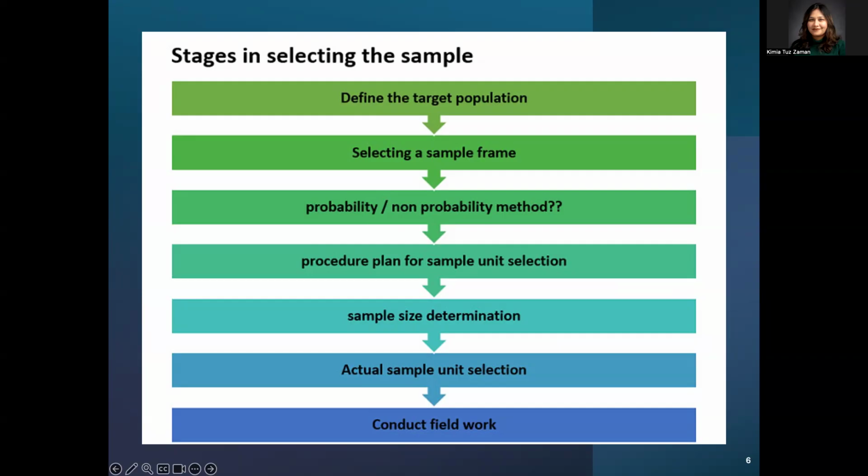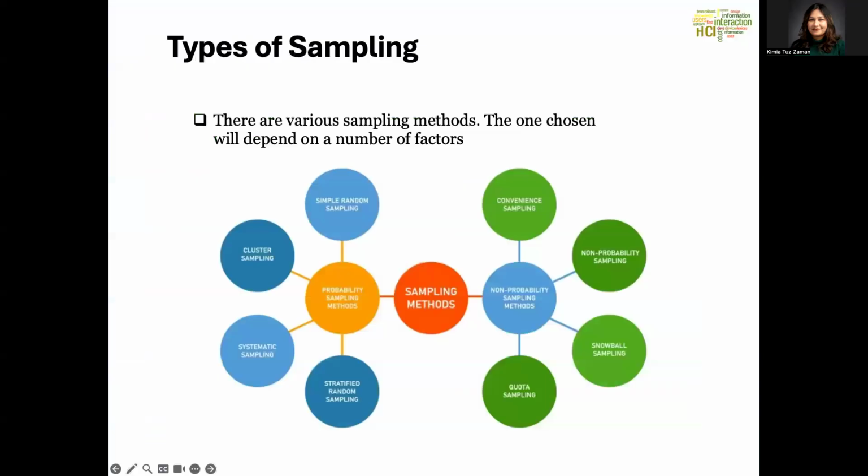Then write the selection procedure in detail, like strata, randomization steps, replacements. Then compute the sample size based on precision or power. After that, perform the actual selection from the frame, applying any inclusion or exclusion rules. Finally, conduct field work, contact, recruit, and track response so the realized sample matches the actual plan.